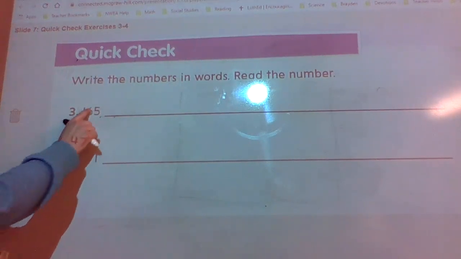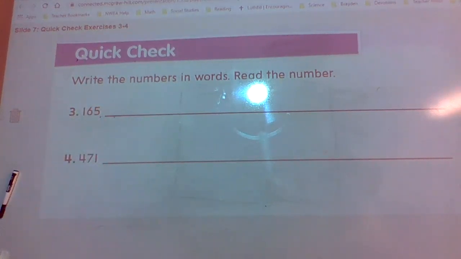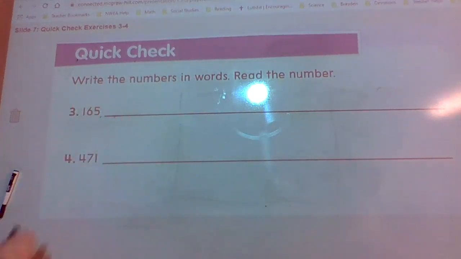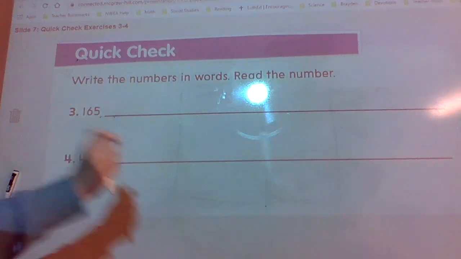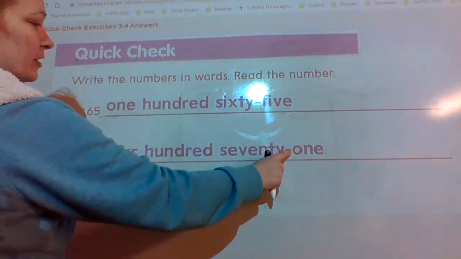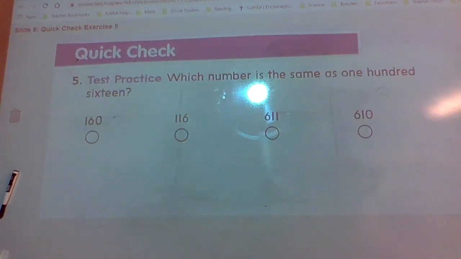Remember, if we have a tens place with a number behind it, we have to use that hyphen in writing the word out. So this would be one hundred sixty-five. This is four hundred seventy-one. So that's what it should look like. There's that hyphen that I was referring to. Okay? Again, if you need help writing these numbers, use that sheet from yesterday. It's going to help you a lot.